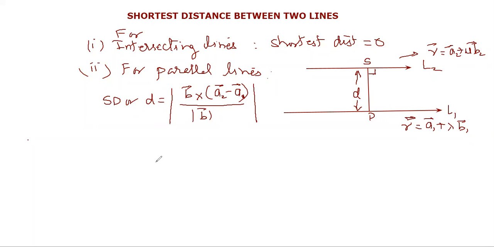A2 minus A1 for parallel lines. And now for intersecting lines 0, for parallel lines this one, and for skew lines.